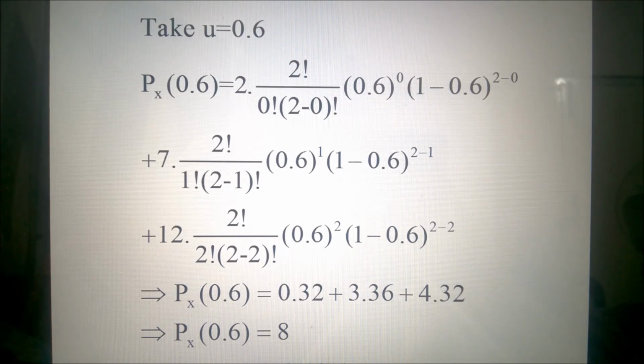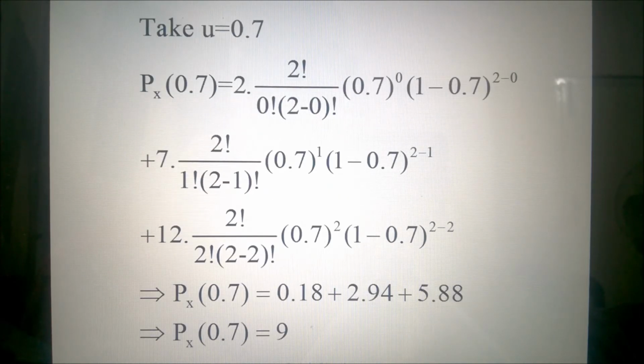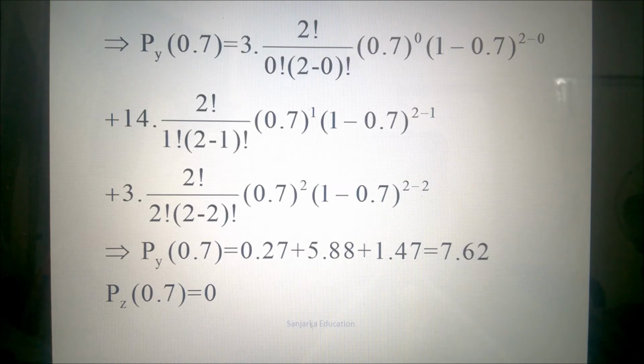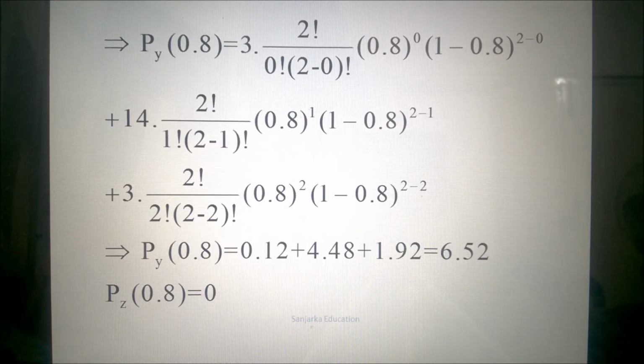Corresponding to 0.6, the x coordinate is 8, the y coordinate is 8.28 and the z coordinate is 0. Corresponding to 0.7, the x coordinate is 9, the y coordinate is 7.62 and the z coordinate is 0. For 0.8, the x coordinate is 10 and the y coordinate is 6.52.